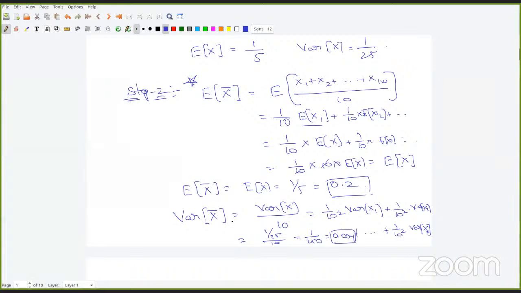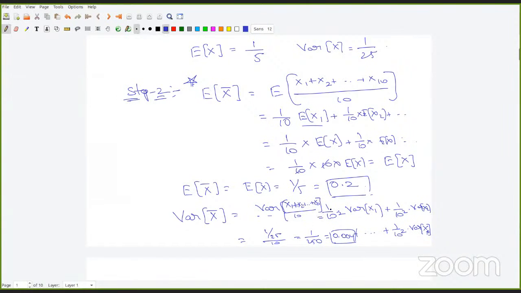For this particular variance of x bar, we know that x bar is x1 plus x2 and so on plus x10, divided by 10.